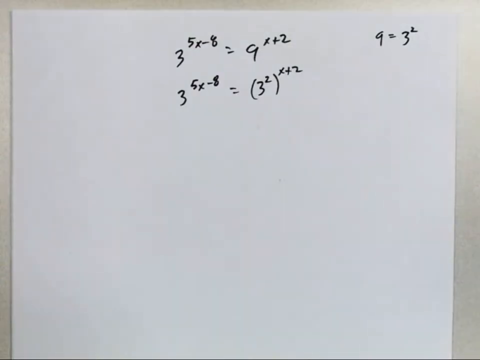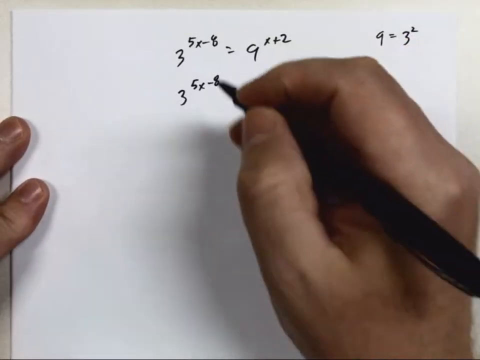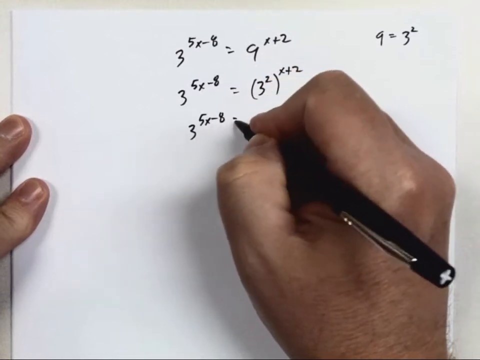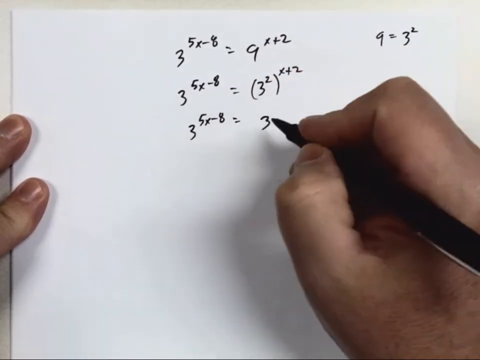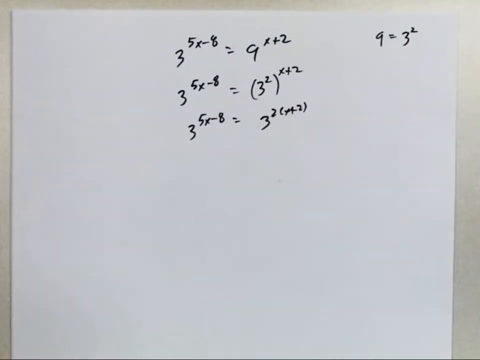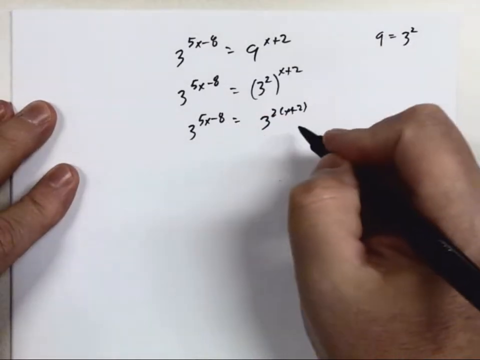What do you do when you have one exponent raised to another exponent? Well, you multiply, right? So just to make it very clear, you'd have 3 to the 2 times x plus 2.